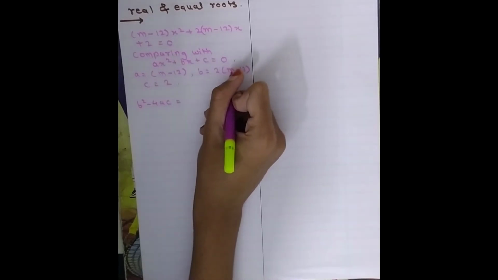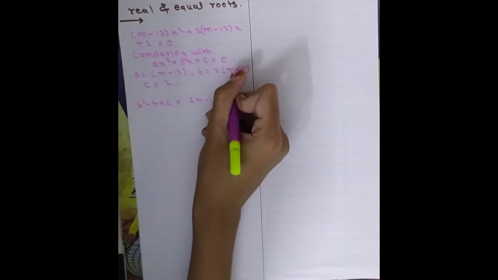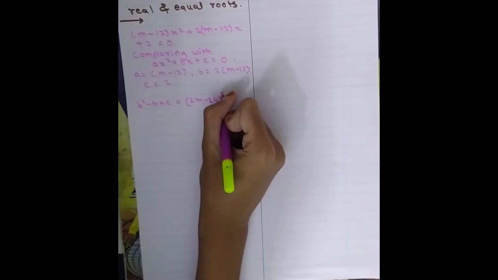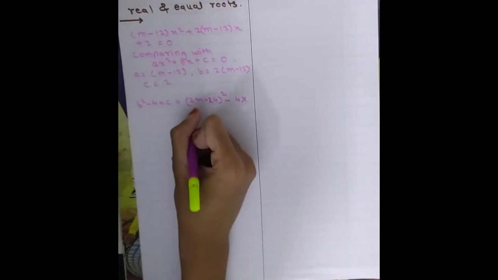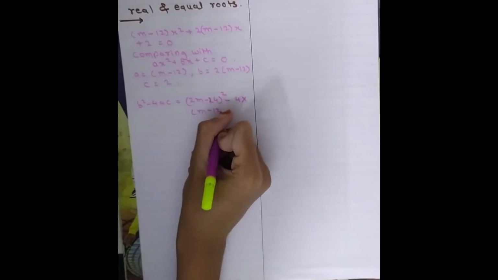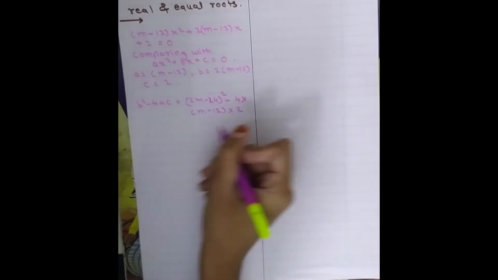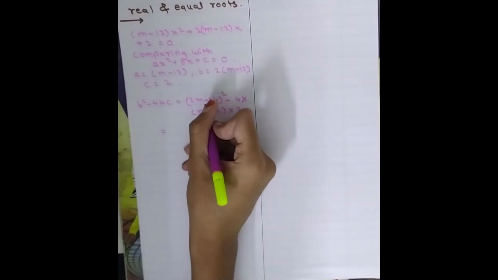So 2 into m is 2m, minus 2 into 12 is 24. So (2m minus 24) square minus 4 multiplied by a is m minus 12 and c is 2, multiplied by 2.